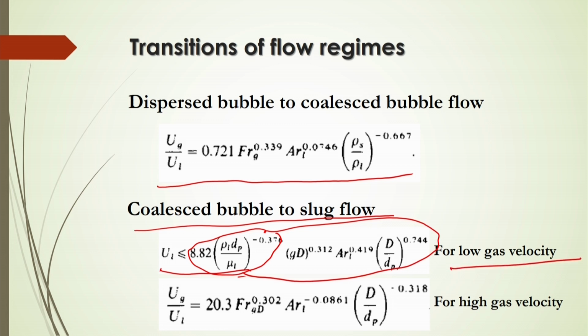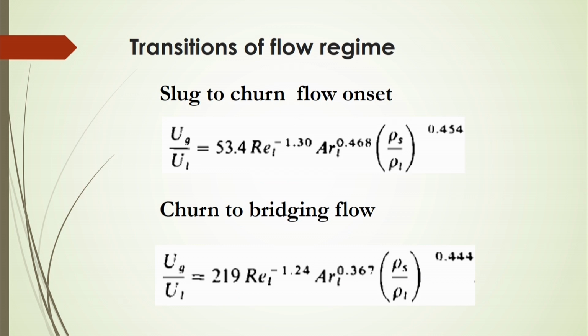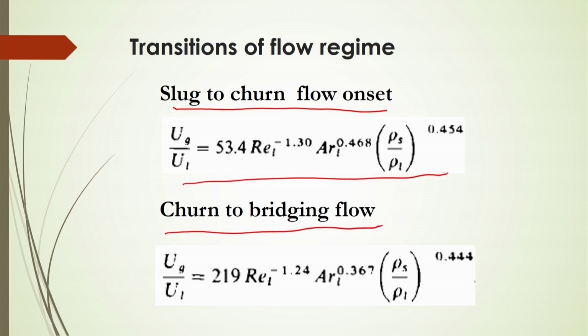So, for low gas velocity and for high gas velocity, this correlation will be helpful to get the minimum gas velocity to have this slug flow from coalescence flow. Similarly, for other transitions of flow regimes like slug to churn turbulent flow and churn to breathing flow, you can calculate the minimum gas velocity for which you can get the transition of the different flow regimes.